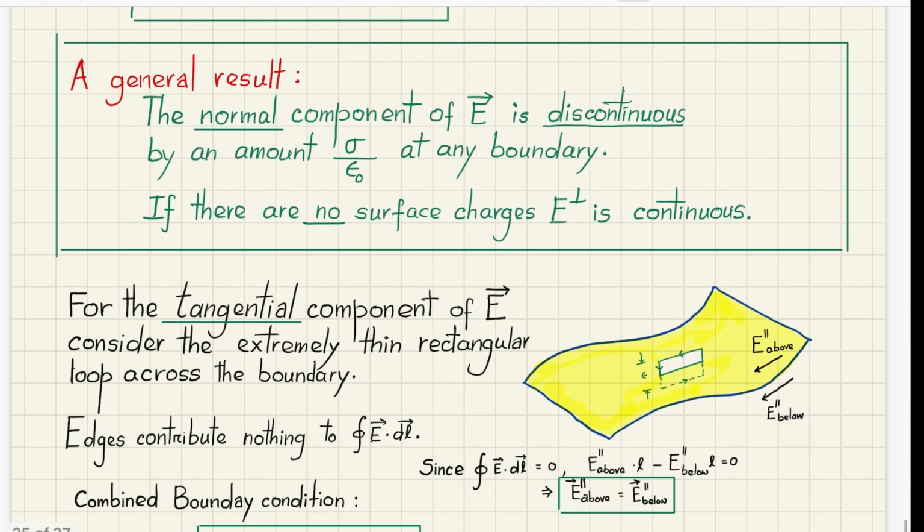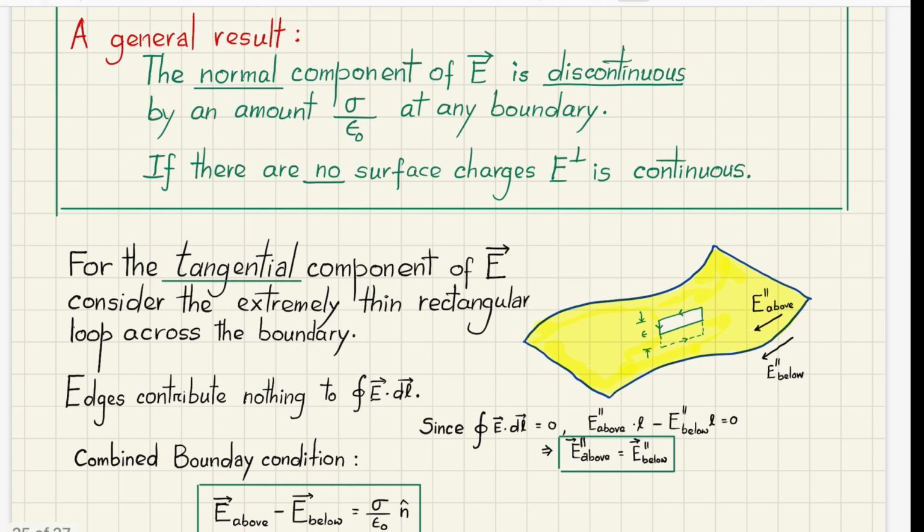What about the tangential component? Okay, for the tangential component of E, consider an extremely thin rectangular loop, in which it is just above and just below the surface, with the side epsilon almost going to 0.